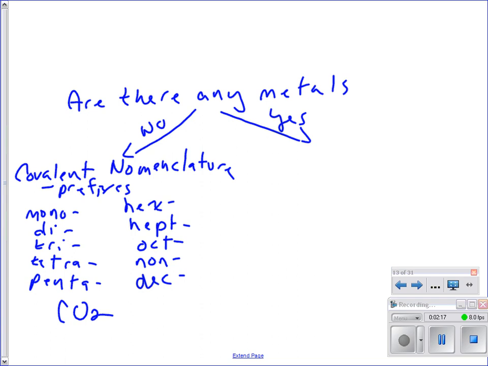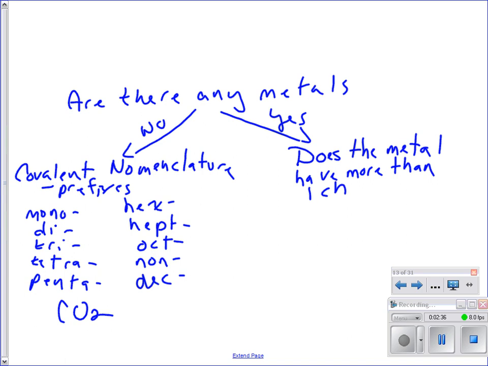All right, if it does have a metal, then you want to ask yourself, does the metal have more than one charge? No. Yes.